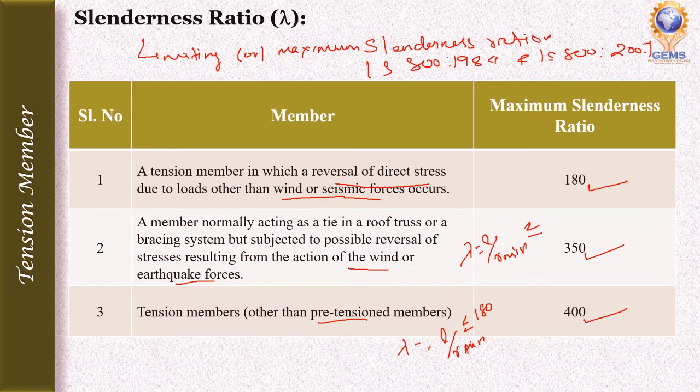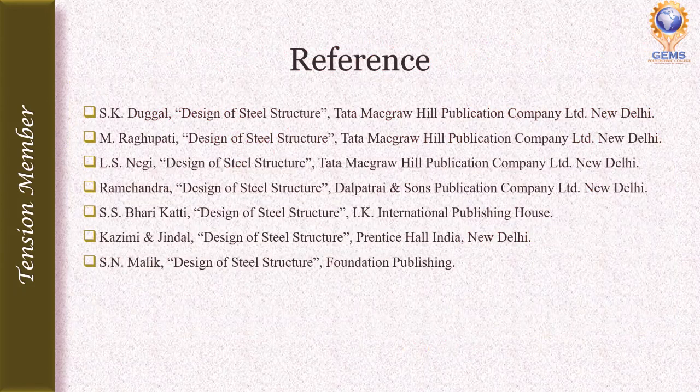For any other tension member, the lambda value should be less than or equal to 400, but it should not be a pre-tensioned member. This is the slenderness ratio.